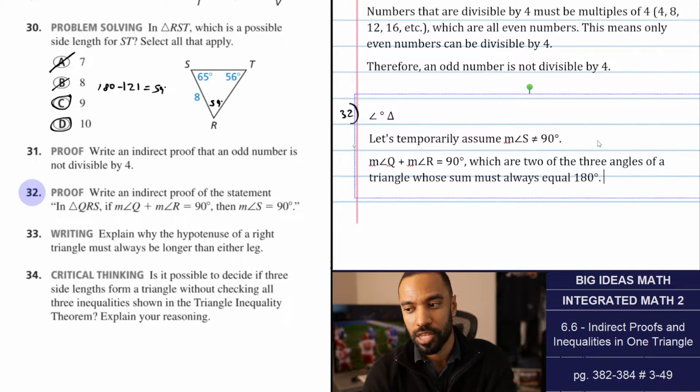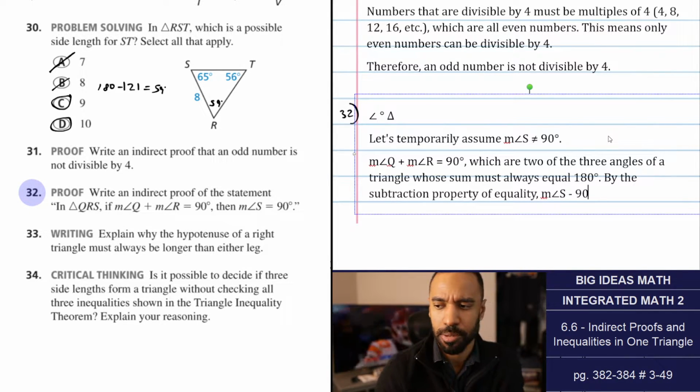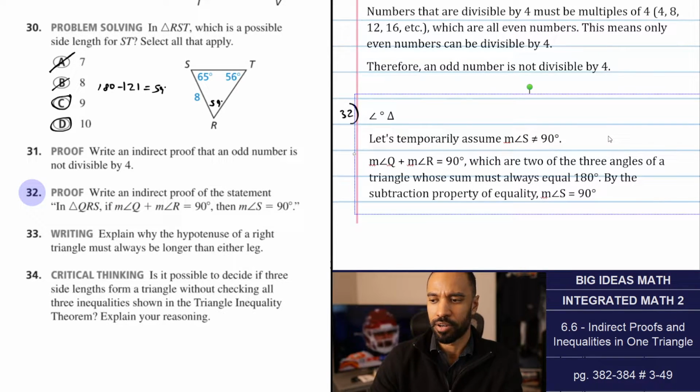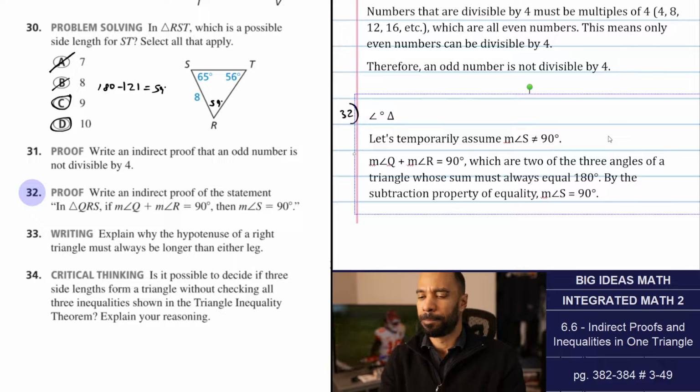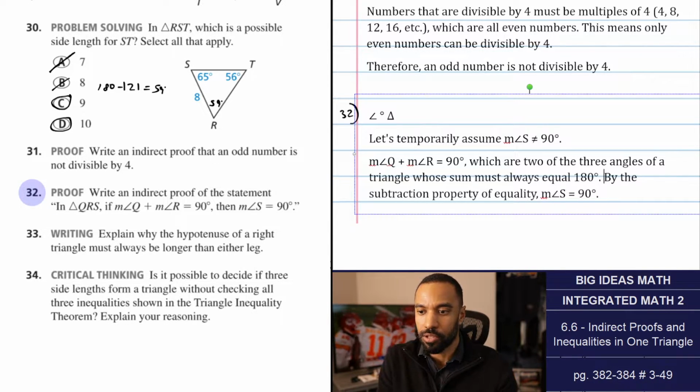I'm going to use what they said before, by the subtraction property of equality, measure of angle S must be 90 degrees. I don't know how to write step 3 without that being a part of step 2. Oh, let's assume it's not. I'm sorry. Here, I can't use the subtraction property.